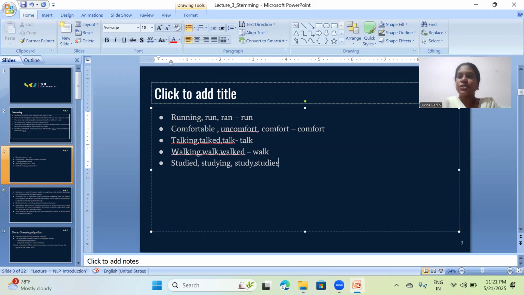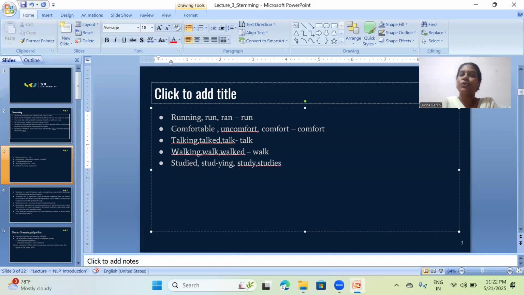All of these are suffixes added with some extension to the root word. Here, you see ed, ing, es. So whenever suffixes like these are added to a word, it is called a stem word.